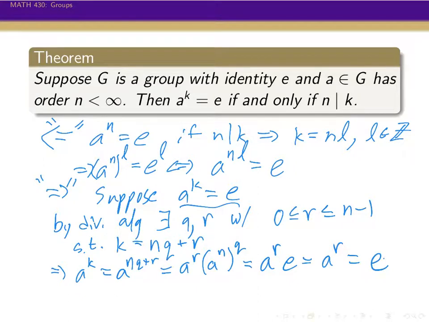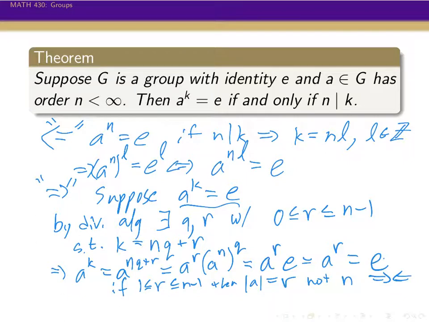Well, r can't be 1 through n minus 1, because, let me write this explicitly, if r is between 1 and n minus 1, then this contradicts that n is the order of a. And so that's a contradiction.